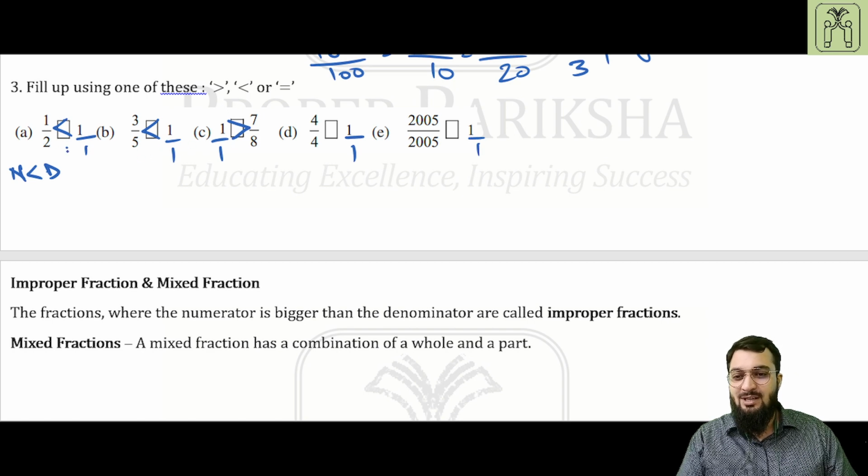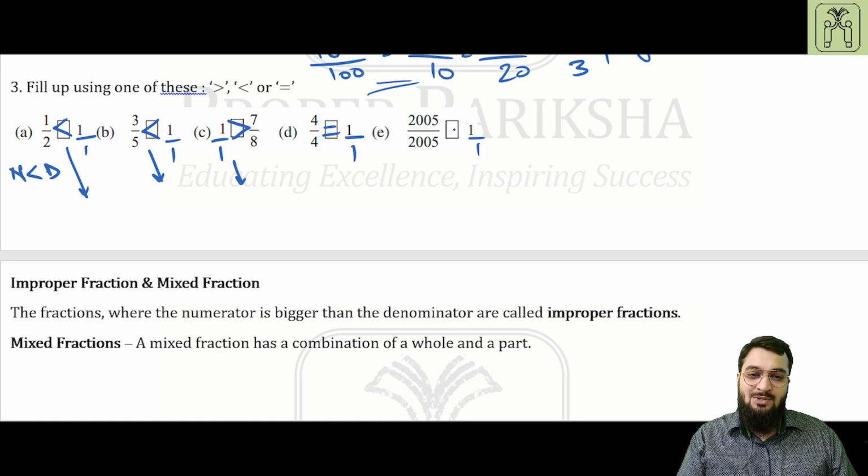So this sign is read as 1 upon 2 is less than 1. This is read as 3 upon 5 is less than 1. This will be read as 1 is greater than 7 upon 8. And 4 upon 4 and 1 upon 1 are equal. As you know, we have discussed over here, 2005 upon 2005 is equal to 1. This will also be equal to 1.